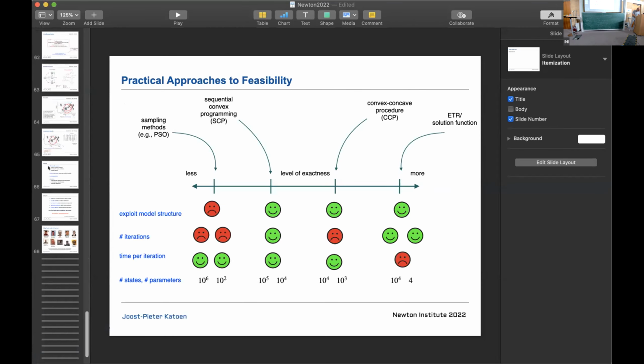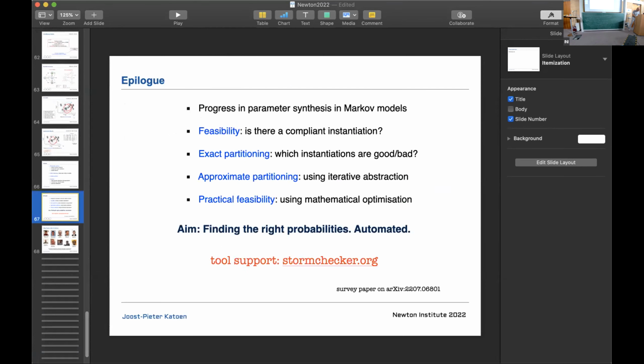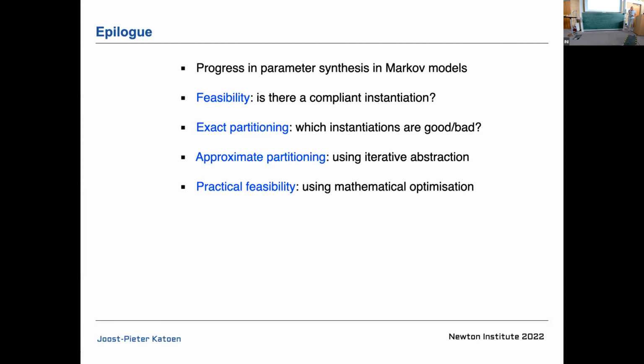I come to the end. In the last 10 years, I think there has been quite substantial progress in this field of parameter synthesis. In the beginning, models had 10 states with 1 or 2 parameters, and now we have seen that you can deal with much larger models. I showed you the feasibility problem, or is there a compliant instantiation?